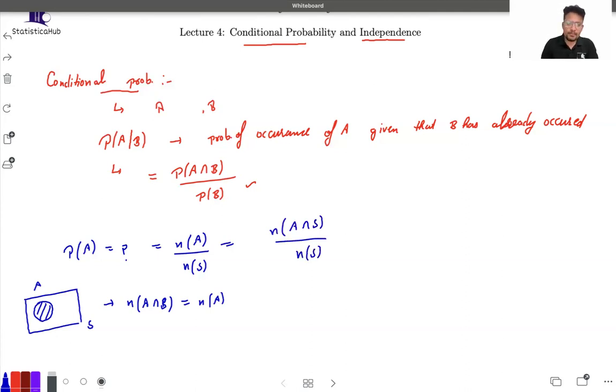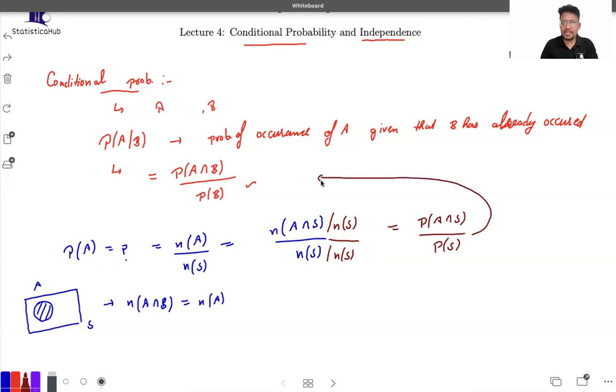Okay, play a little bit more. If I divide the numerator by the number of elements in the sample space, and also divide by N of S in the denominator, I will be finding the probability of A and S divided by the probability of S. We can see this formula is simply coming up similar to this one.